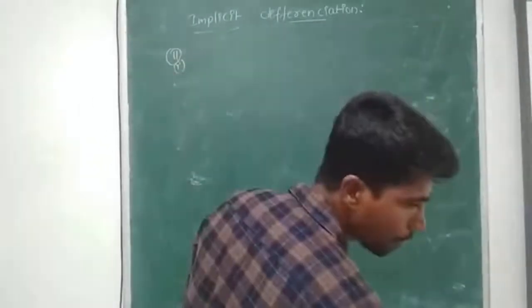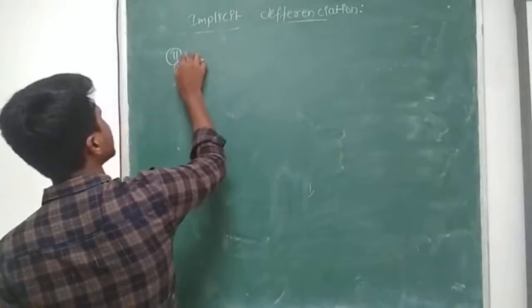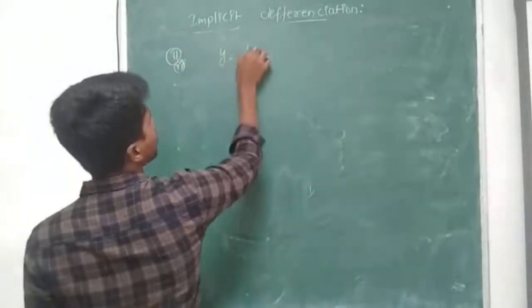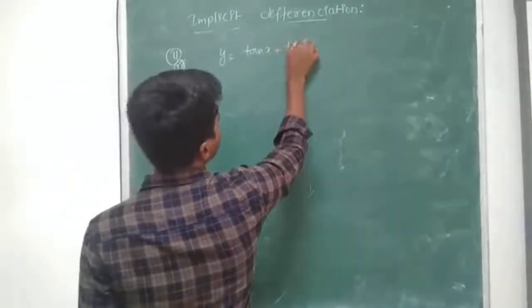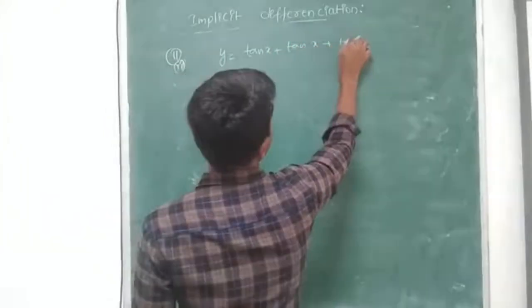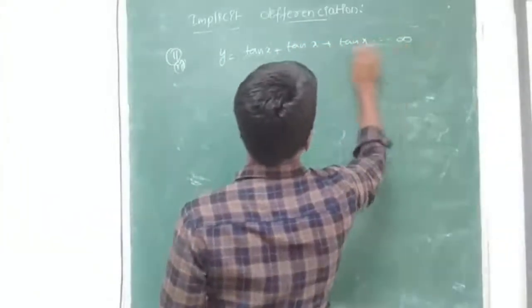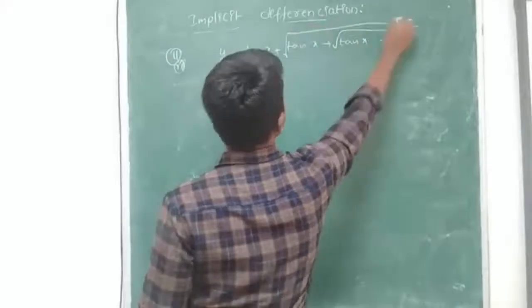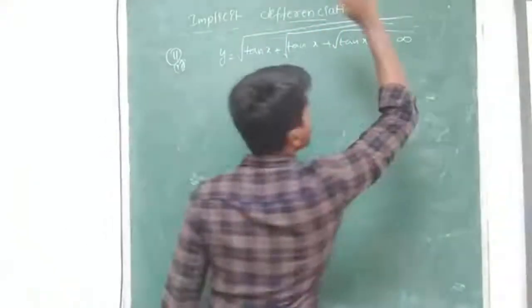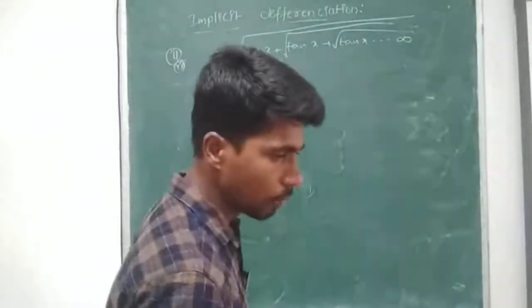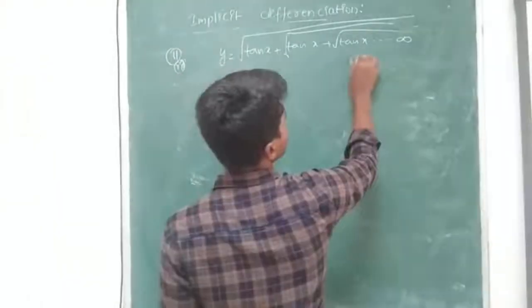In terms of tan, third, y is equal to root of tan x plus root of tan x and so on infinity. We should mention square roots for this all. Right. Prove that 2y minus 1 into dy by dx.